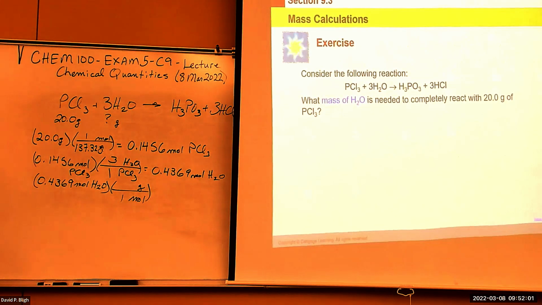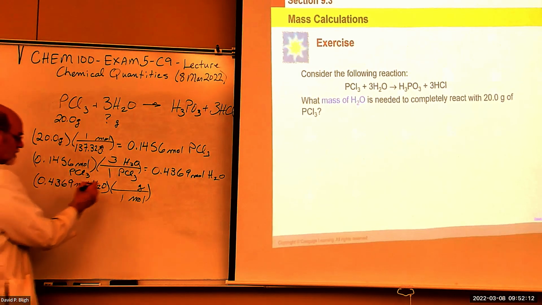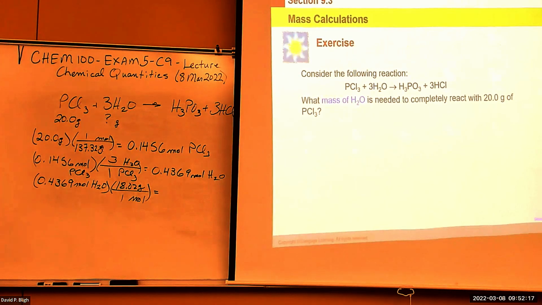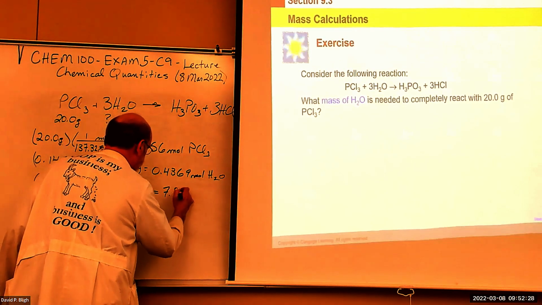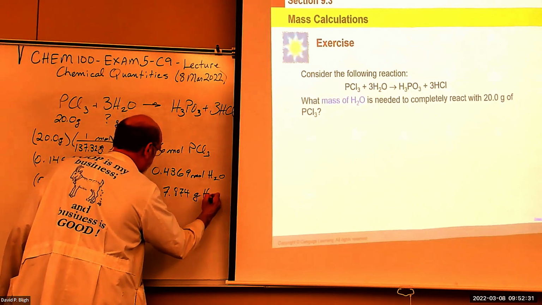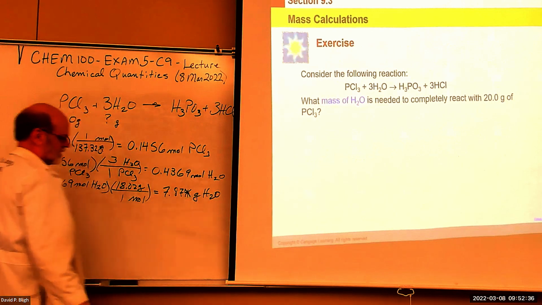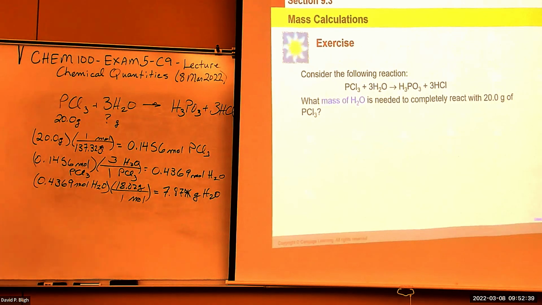So how much does a mole of water weigh? I haven't memorized it. 2 hydrogens, 2.02, and 16 for oxygen, so water is 18.02. Times 0.4369. Okay, 7.874 grams of water. Now we can round to 3 places. 7.87 grams of water.